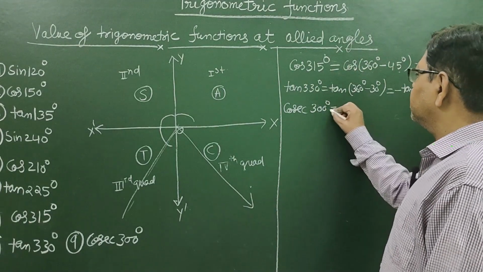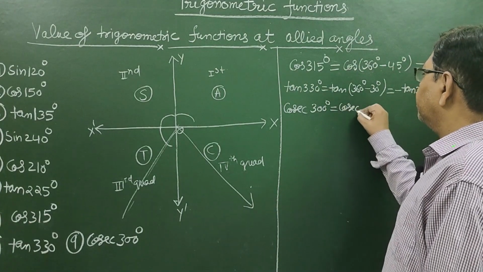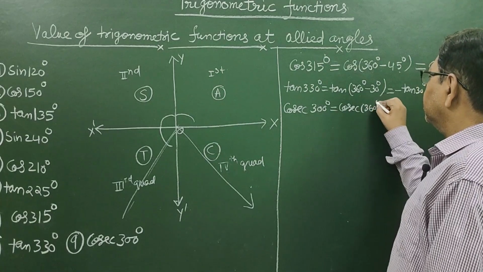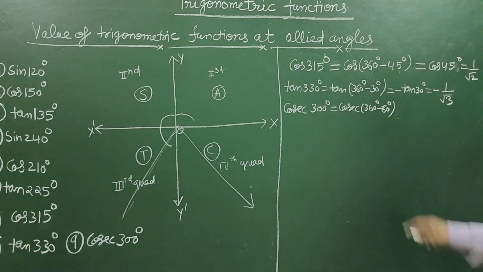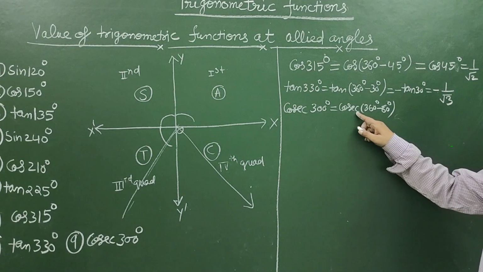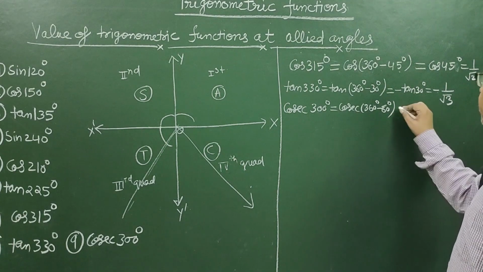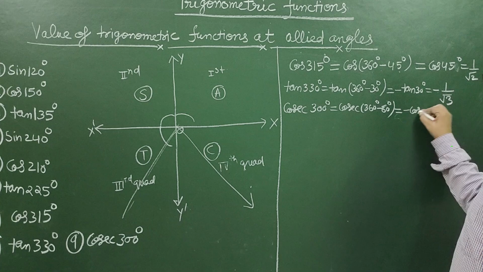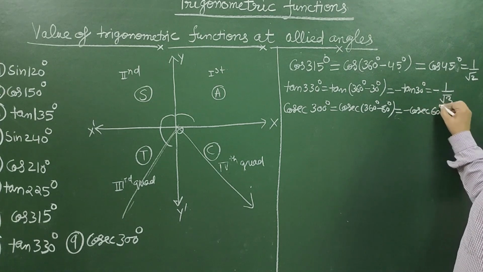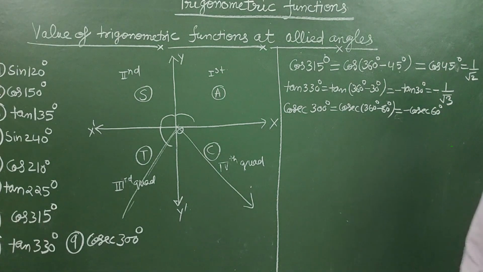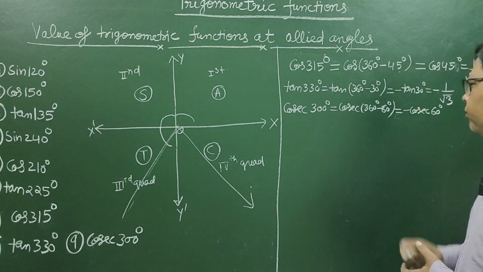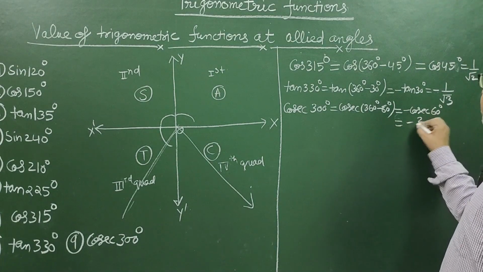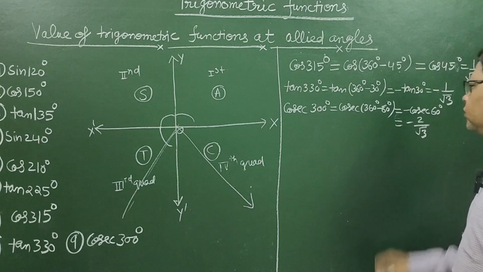So I can write this is equal to cosec of 360 degree minus 60 degree, and there will be no change in the function. So this is equal to minus cosec 60 degree. Cosec 60 is the reciprocal of sine. The value of sine 60 is under root 3 upon 2. So the value will be minus 2 upon root 3.